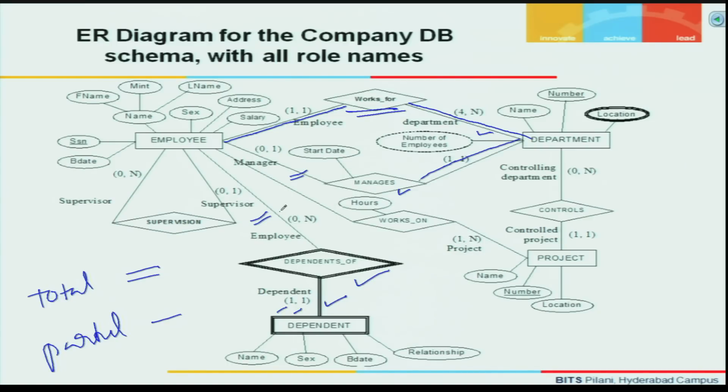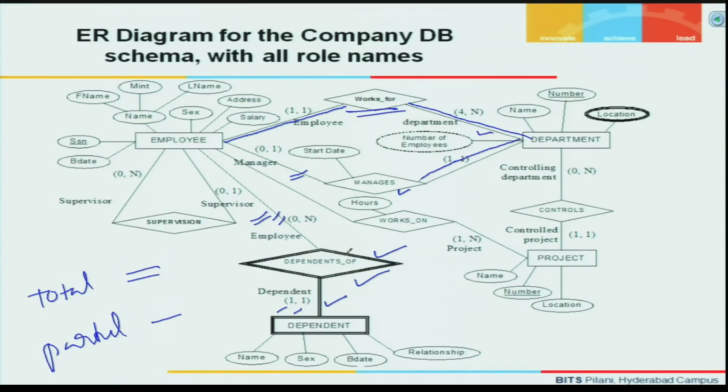That's why it is partial participation. It is a single line joining the dependents-of relationship with the employee type. What do we call this relationship? A double-lined diamond, which indicates an identifying relationship between a weak entity type and its owner entity type.